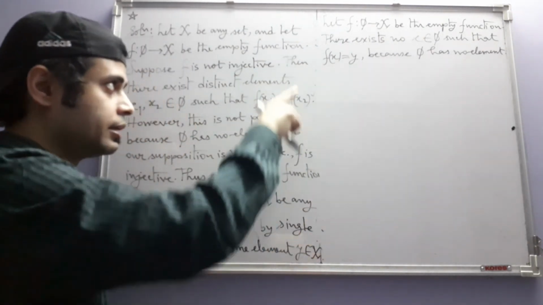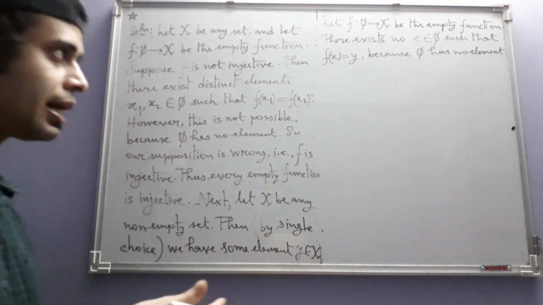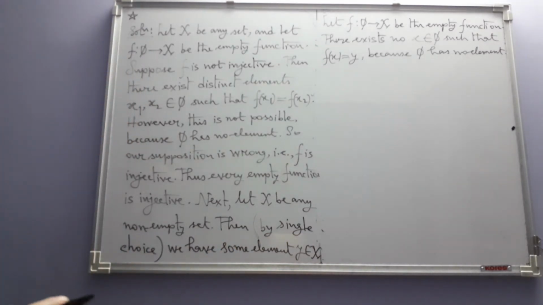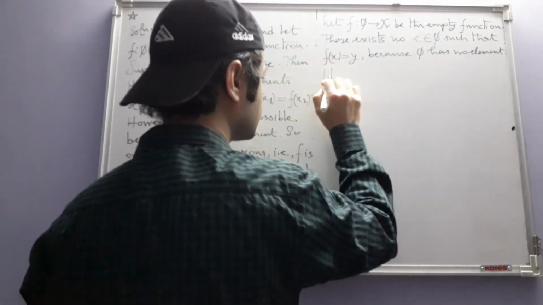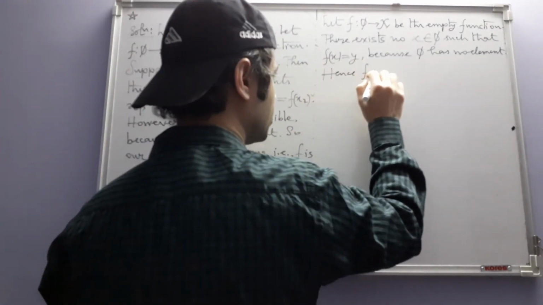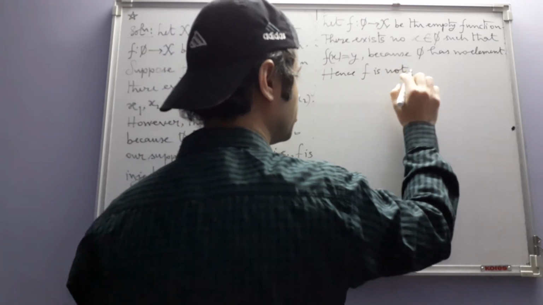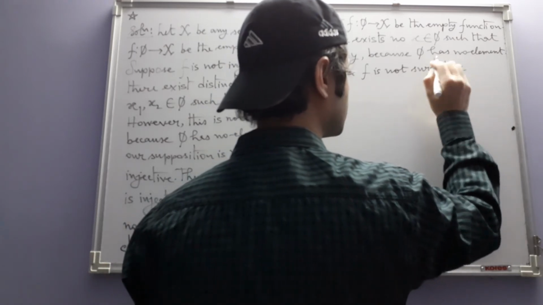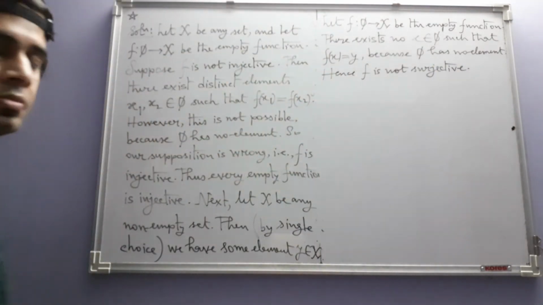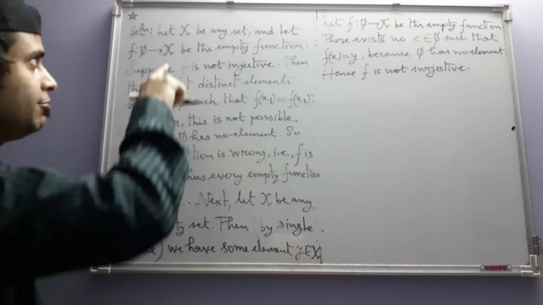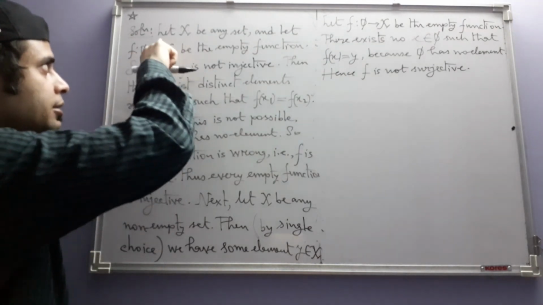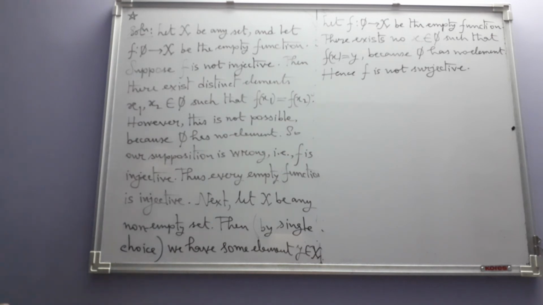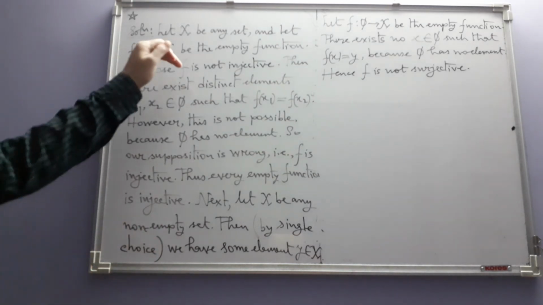This element in the range of this function is not the output of any element in the domain. So the function is not surjective. Hence, f is not surjective. So that means if I have an empty function where the range is non-empty, then that empty function is not surjective. But what about the empty function where the range is empty?